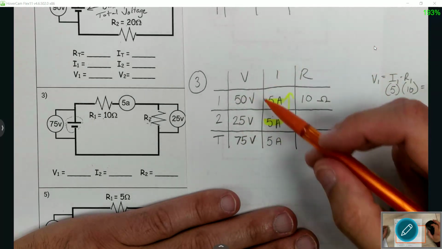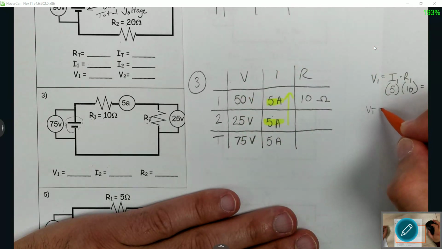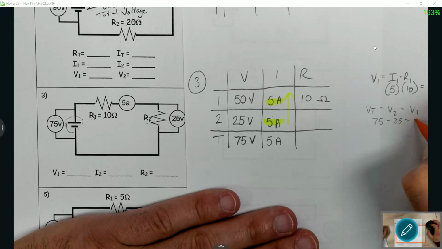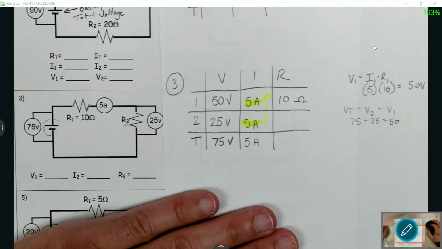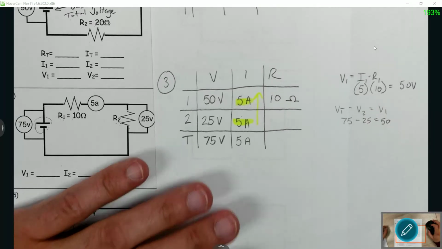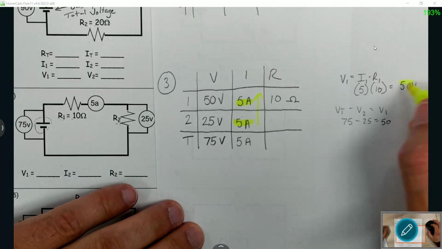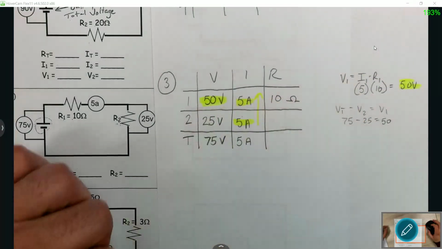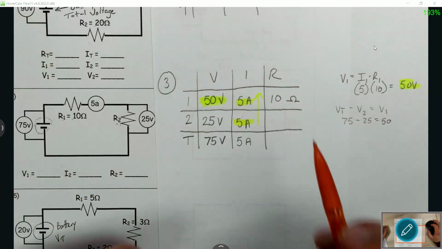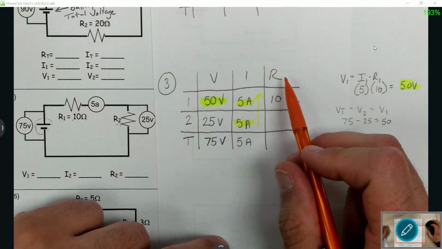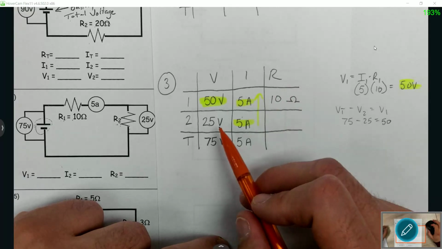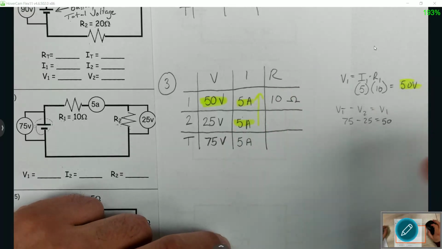We could have also shown the total voltage minus V2 would equal V1. 75 minus 25 equals 50. That's another way we could have gone through that. Now here, we still don't know what R2 was, but we do have two of the missing pieces.